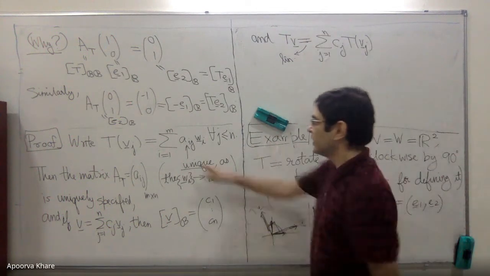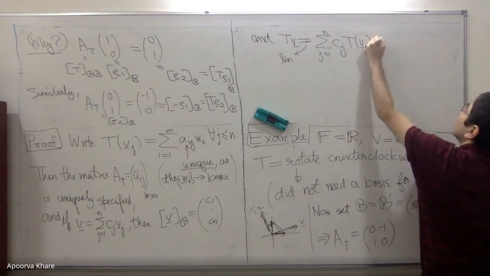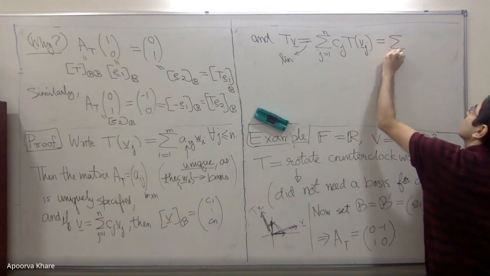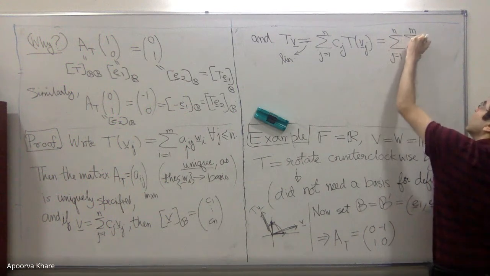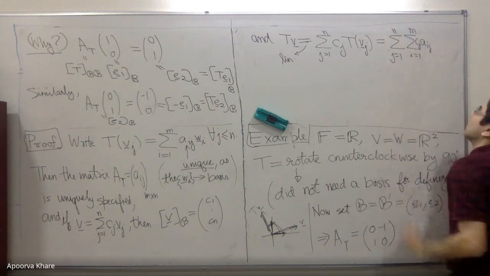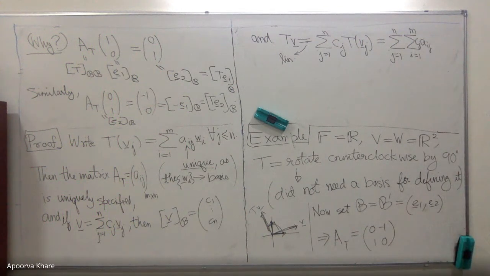But now each T of Vj is written in this way. So I write this down: i equals 1 to m, Cj Aij, and then times Wi.